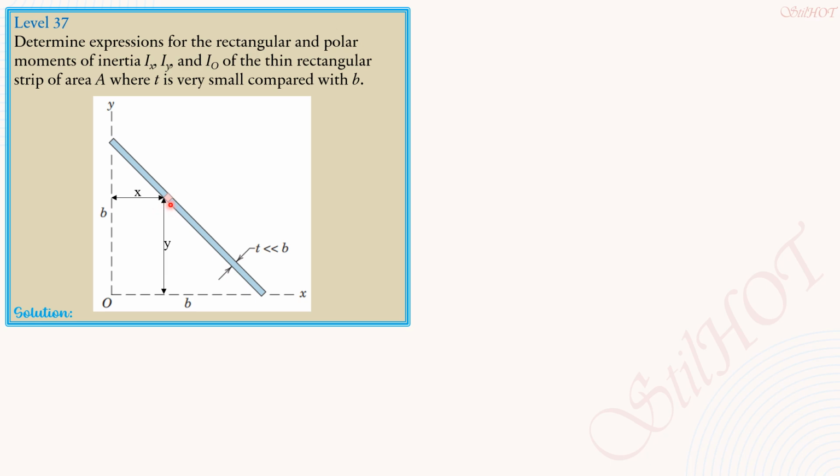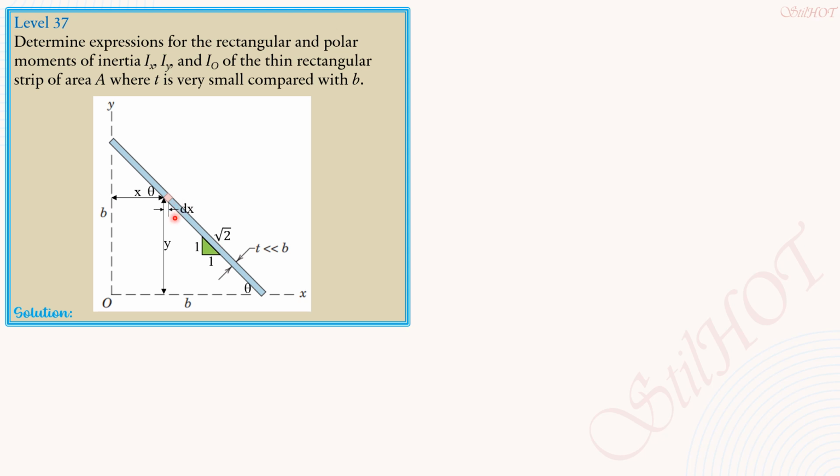The horizontal projection of this inclined dimension of the strip is dx, and let's call this theta, where theta is 45 degrees because we have b and b here, or the slope is 1 vertical, 1 horizontal. So we have 1 here, 1, and therefore this is square root of 2.